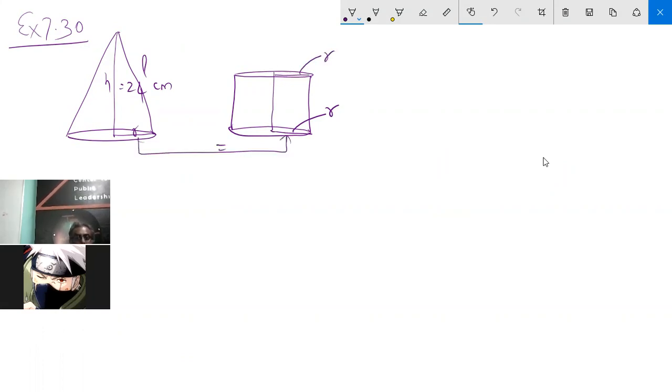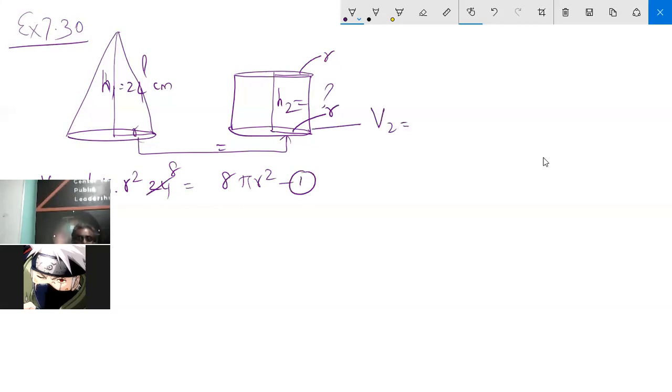What is the question telling? Find the height of the cylinder. Let's take this as H1. What is H2 is what is being asked. So volume 1 is equal to 1/3 pi r squared into 24h, that is 8 pi r squared. What is volume 2?